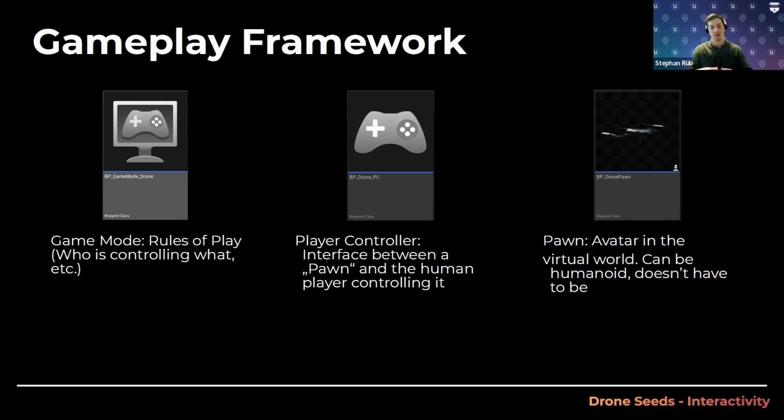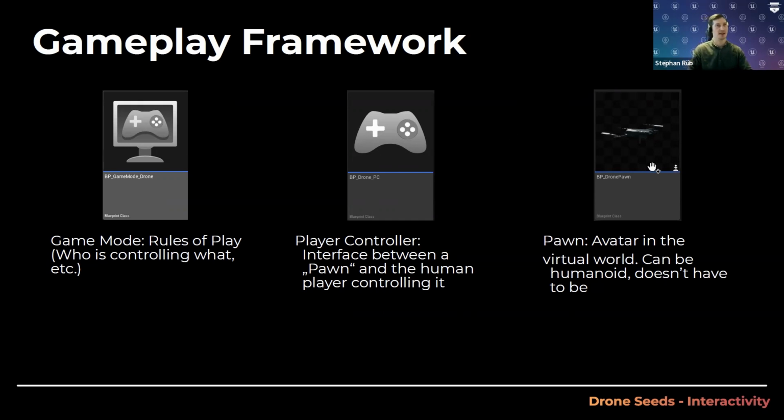So it is basically you giving an input, and this input is going through the player controller to your pawn. The player controller can control pawns, so it can take possession of any pawn. And that's, like I said, the interface between you and the interactive application, be it a game or something else.